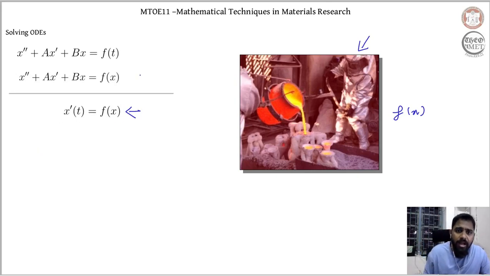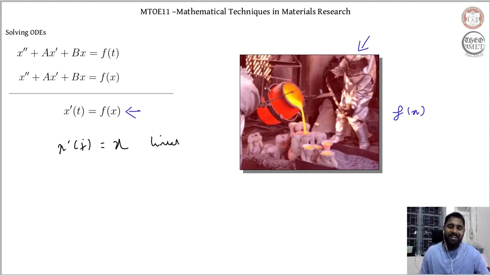Now, had this condition been something like the momentum experienced by the atom depends just on its position alone, we would have an expression like this, and this becomes a linear ODE, which we can comfortably solve. At least I assume that.